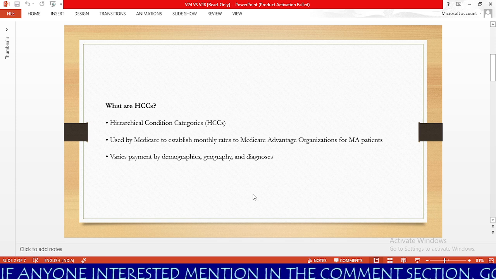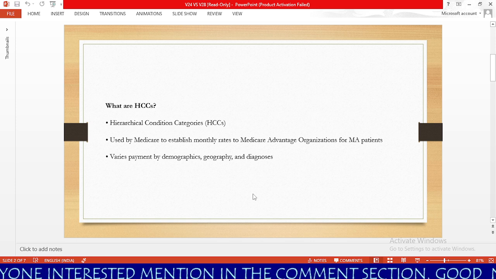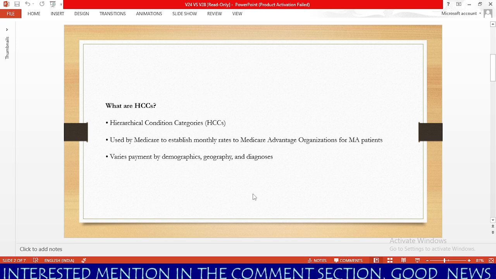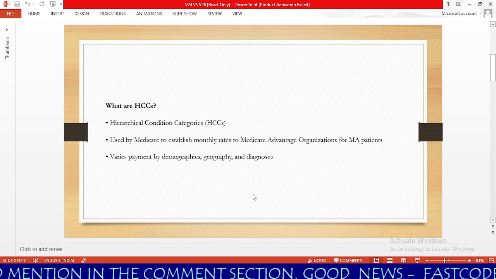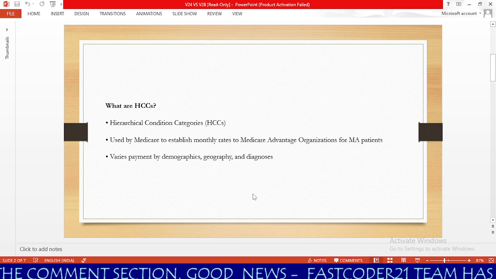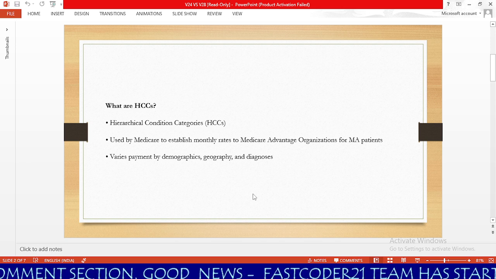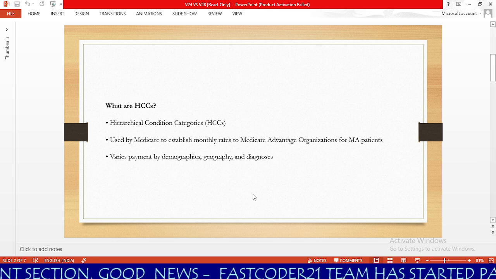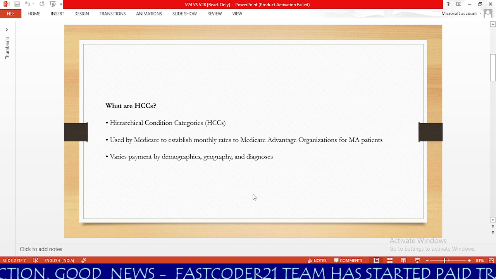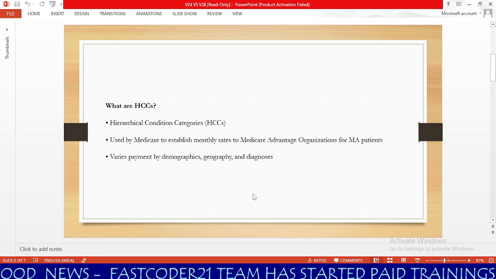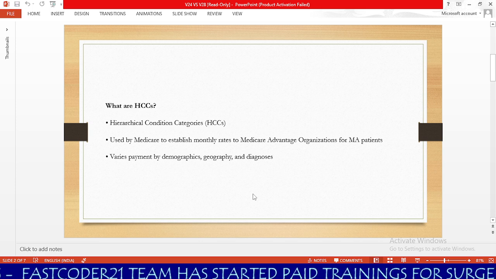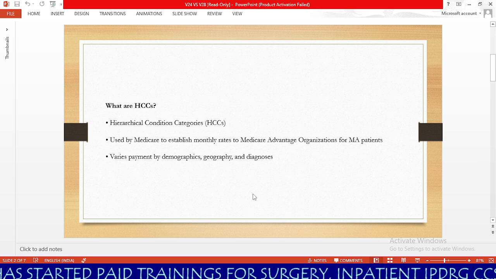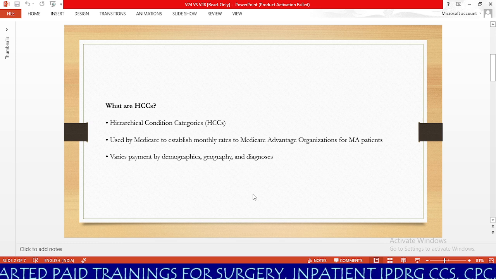Now we know what are HCCs and risk adjustment coding. Now we need to know why we use HCCs. Basically these HCCs are used by Medicare to establish monthly rates to Medicare Advantage organizations for MA patients. So in order to provide monthly rates to Medicare Advantage organizations, Medicare established HCC condition categories.